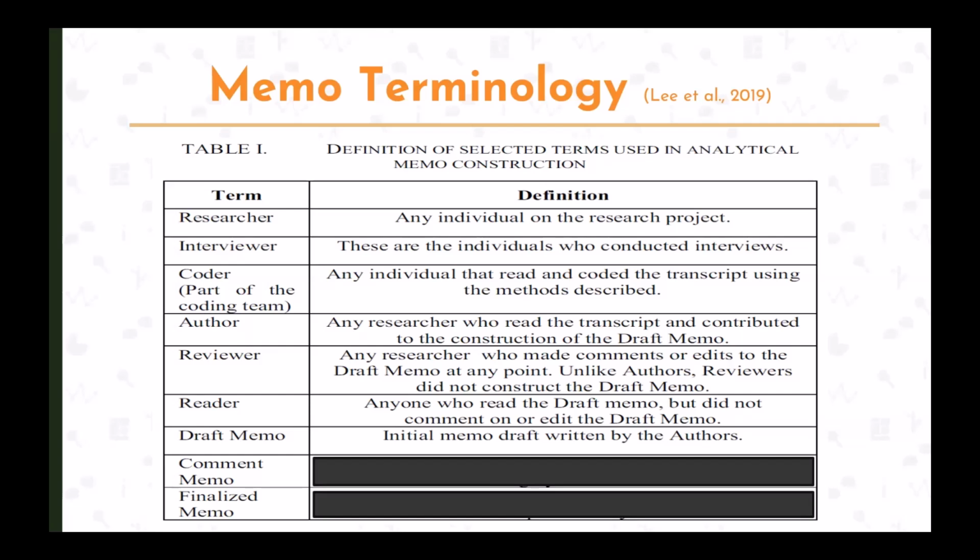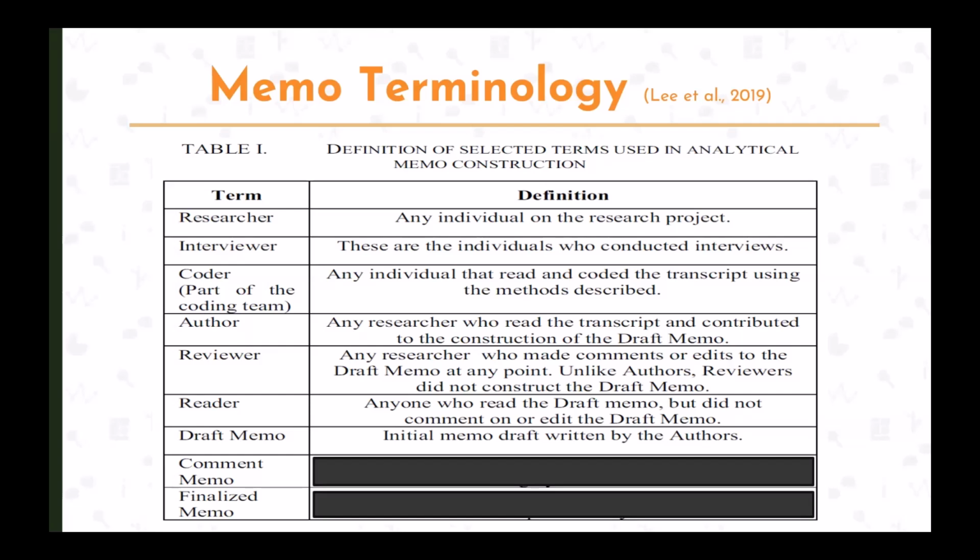So not everyone is going to be coding every single participant. That would kind of be a little bit impractical, especially in a large team such as ours. And this is something that the authors of this table, Lee and colleagues, noted themselves, that they were working across 2 institutions with like 7 some researchers, right? So can you imagine all 7 reading all the participants?